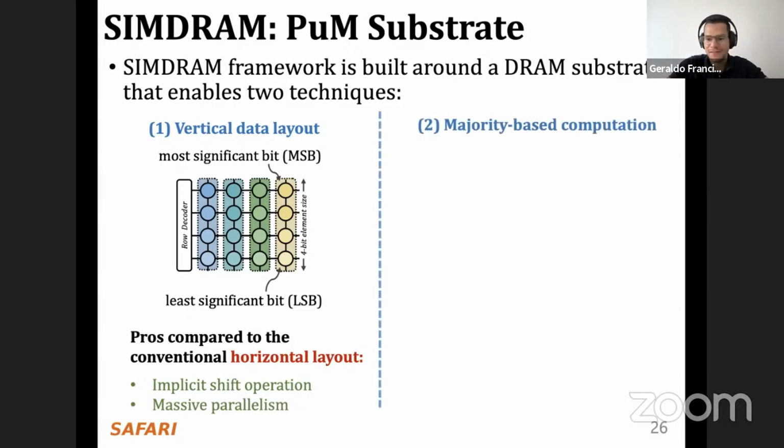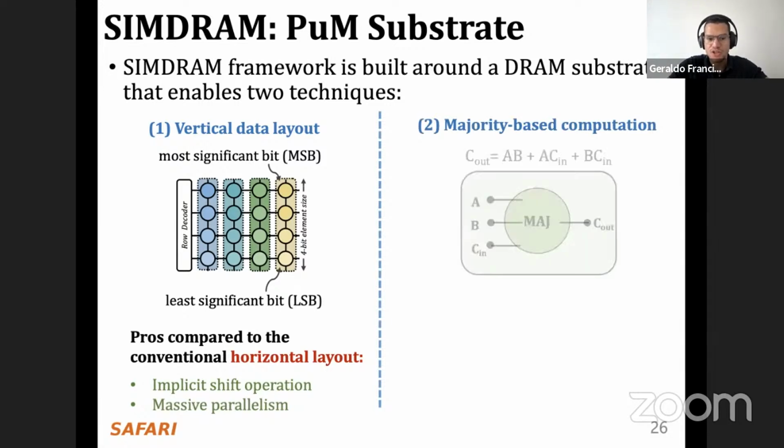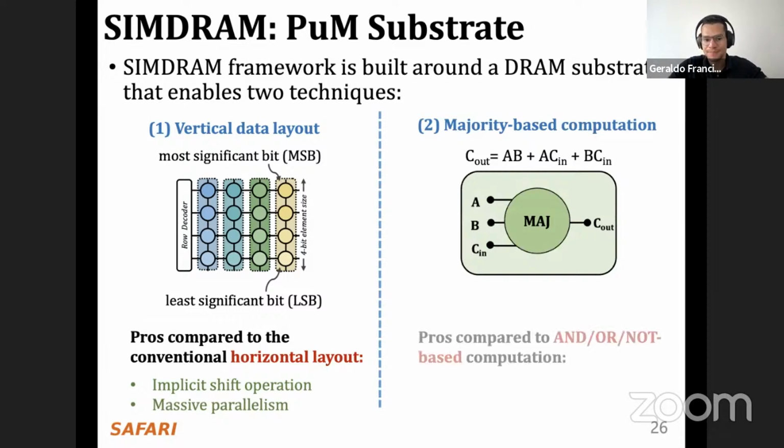The second thing that we are going to leverage is the use of majority-based computation. As I said before, Ambit proposed to do all of those bitwise operations, but they limit themselves to AND and OR by using those control rows. Here we are going to remove the control row altogether, and we are going to use one of the DRAM rows for the input also for the computation.